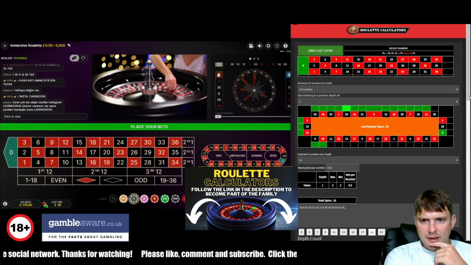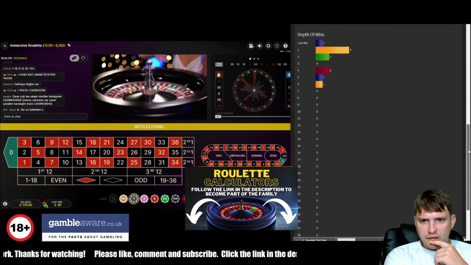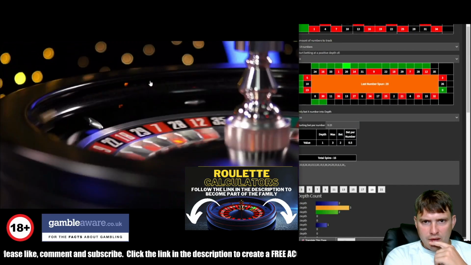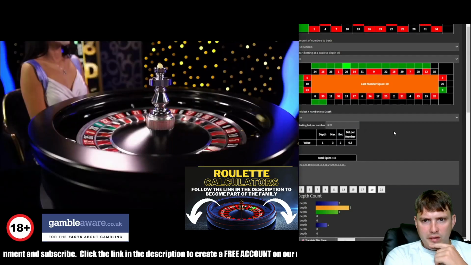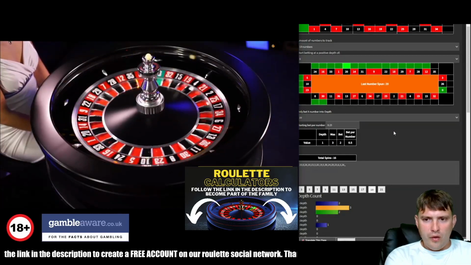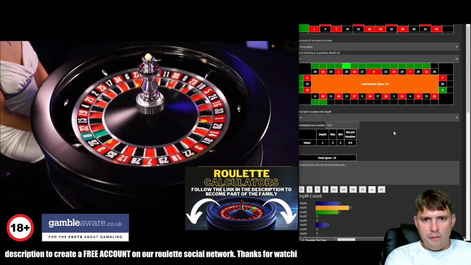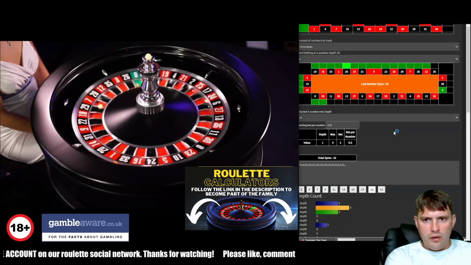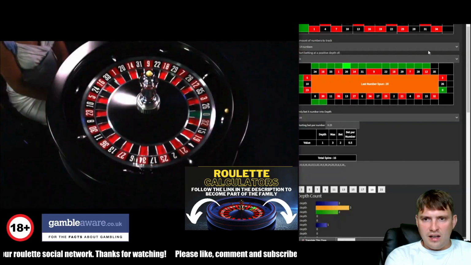I think he messed up the entry there. Yes, that went to 20. And I think he's just sitting out and watching this one. Yeah, that's gone to the highlighted section again.